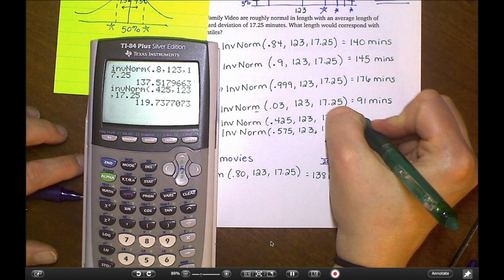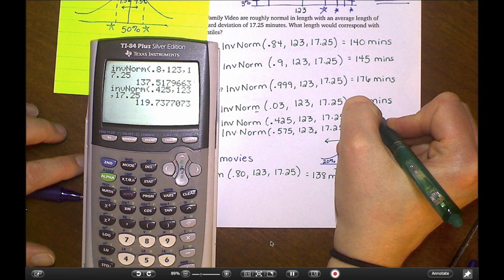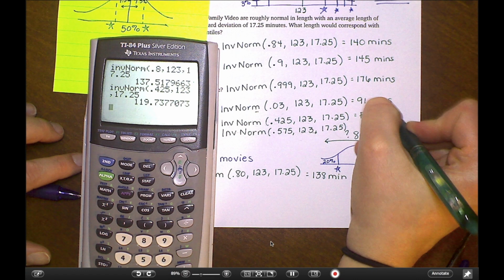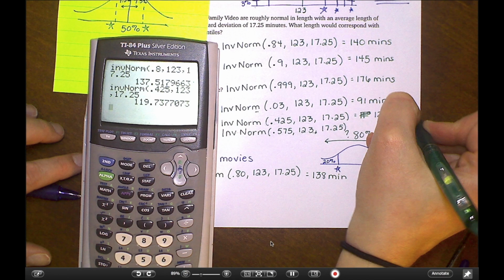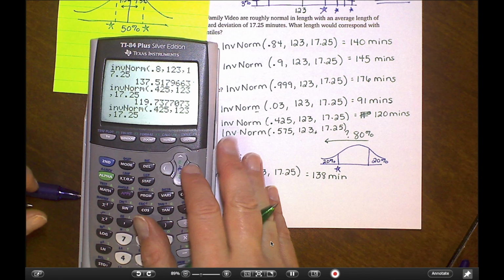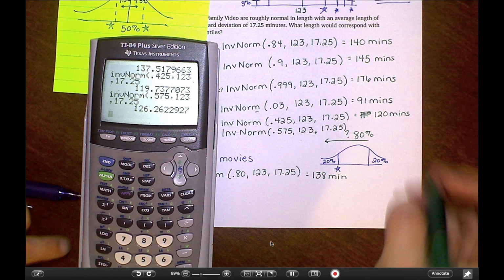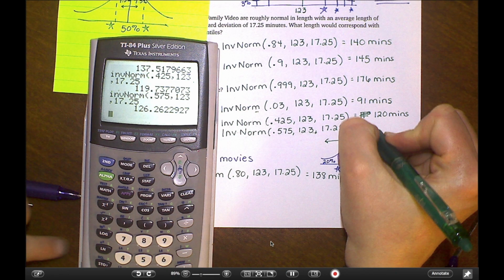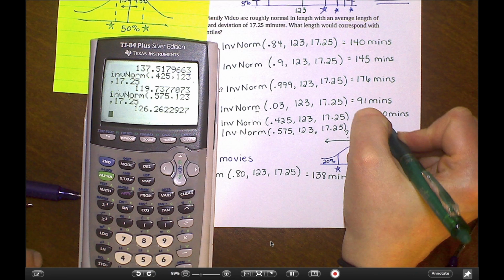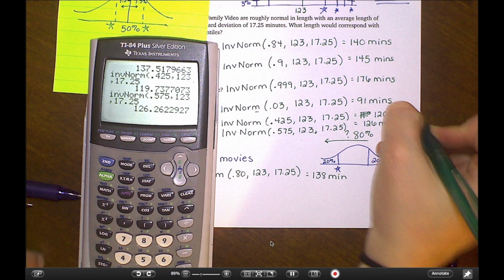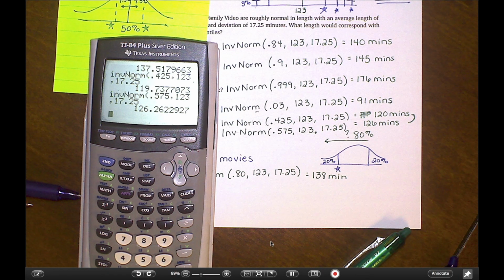That's 119 minutes, I guess 120 if I'm rounding. And I do the same thing with the 0.575. It took me longer to explain that question than it was to actually do it. That would be 126 minutes. So my middle 15% would be anything between 120 and 126. That's how I would answer that question.